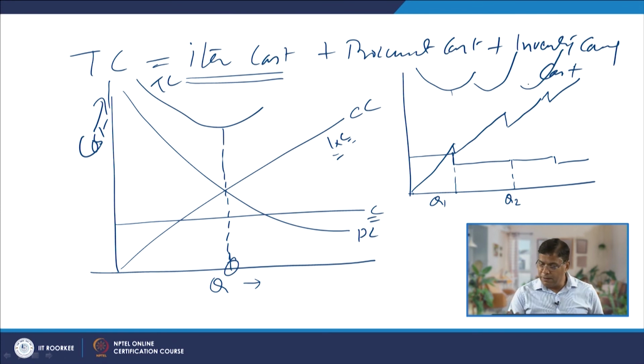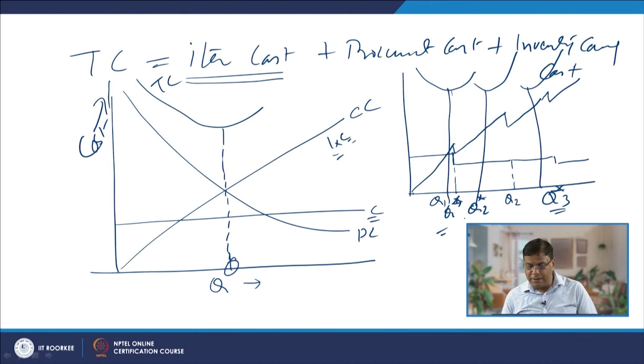So our economic order quantity, Q star, will also be changing, say Q1 star or Q2 star. The point here is that for one item cost we get one economic order quantity, and for another item cost we get another economic order quantity.